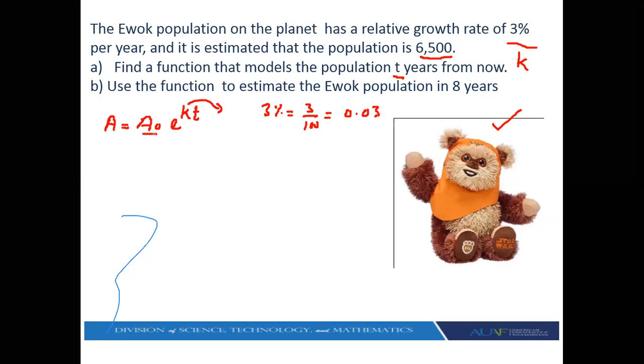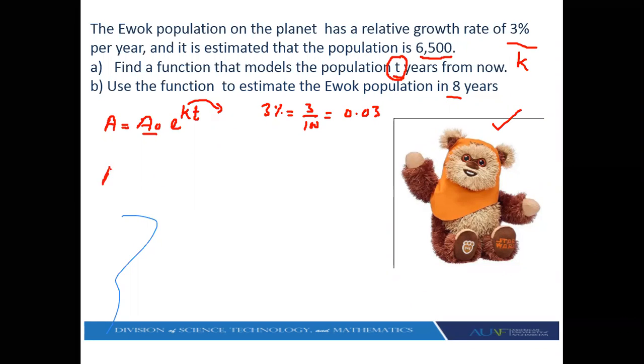The original population is given, 6,500. So if you put these values in the model, then you can estimate the population after 8 years. In the first part, t is unknown, so write the general model. Second, we are given t, so t means 8 years, so you can replace it.